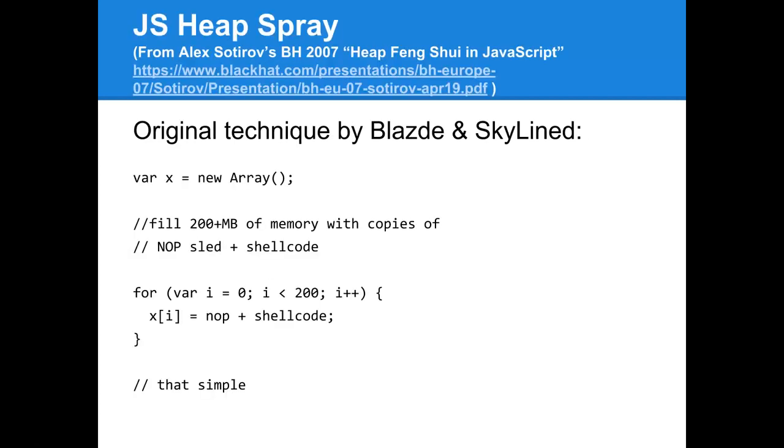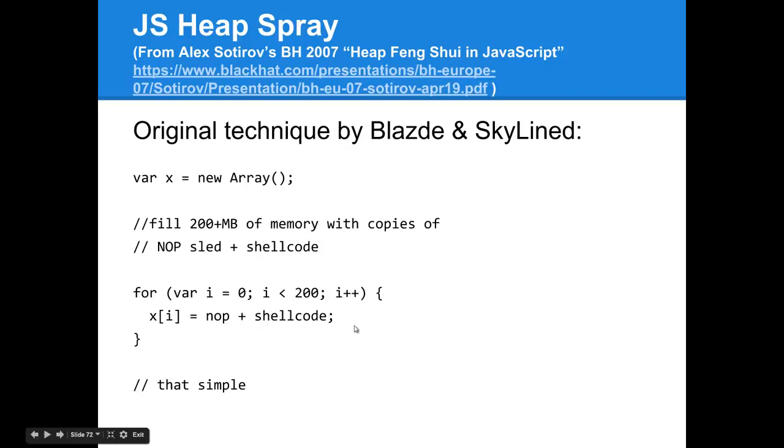And while we're on the topic of modern binary exploitation and fuzzing, let's talk about how JavaScript can be used to heap spray and pull off binary exploitation attacks against one's web browser, with, say, Chrome, Firefox, IE, Opera, etc. The original technique, invented back in 2004 or so by Blazde and SkyLined, was simply the allocation of a new array and then iterating through each element and filling it with some pre-defined NOP and shellcode strings.